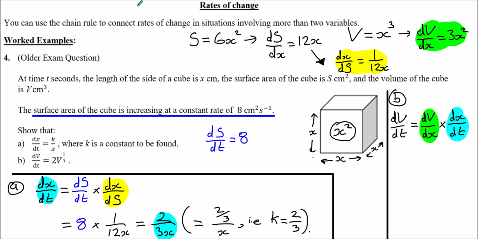So if we infill this, we get 3x squared multiplied by 2 over 3x. Of course that 3 will cancel with that 3, and the x squared will cancel with the x. And so I'm left with just simply 2x.